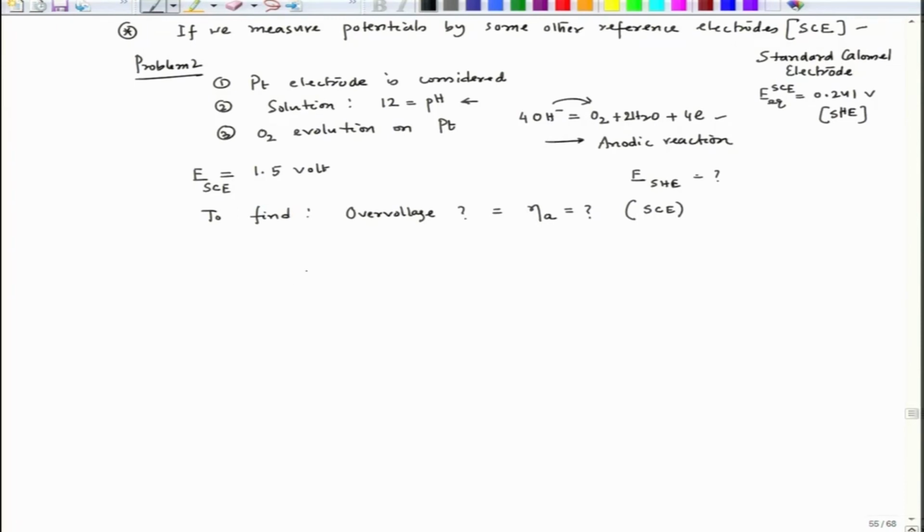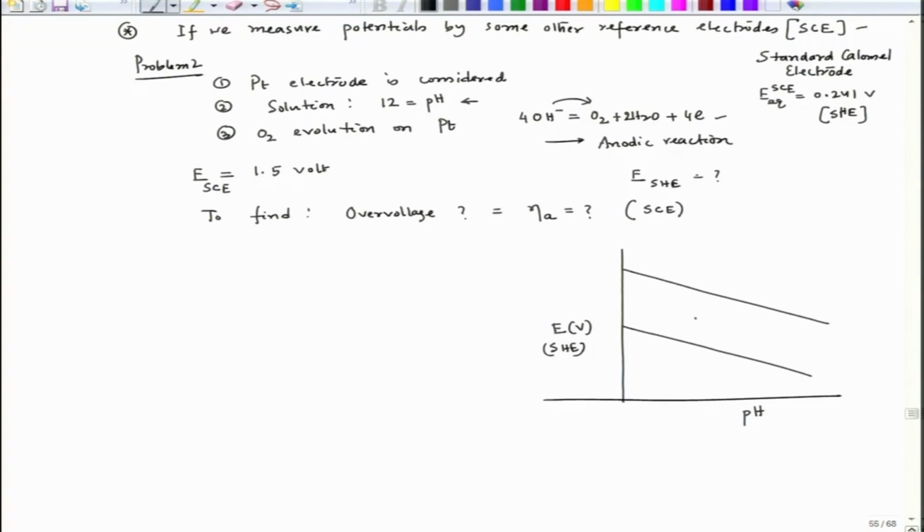In order to solve this, we have to see the correlation of this polarization with reference to the Pourbaix diagram. If we see the Pourbaix diagram for water, this is E voltage, always plotted with reference to standard hydrogen electrode, and this is pH. We could see that the water lines are two parallel lines, where H2 is stable between these two lines.